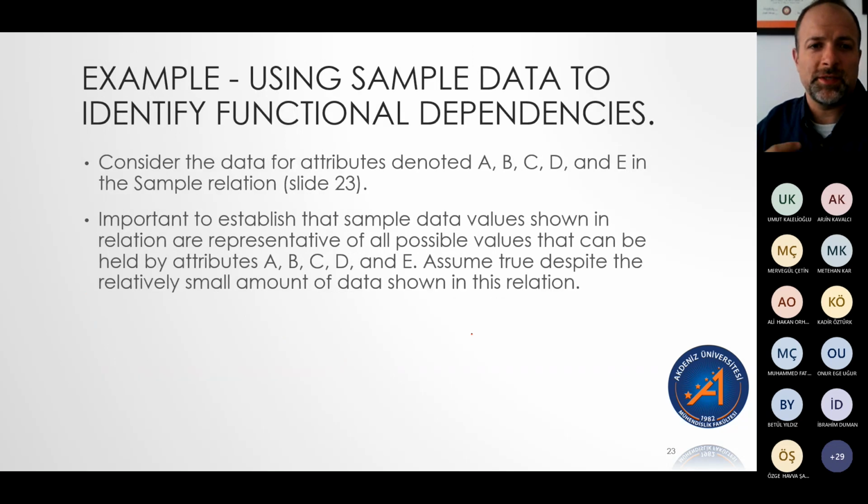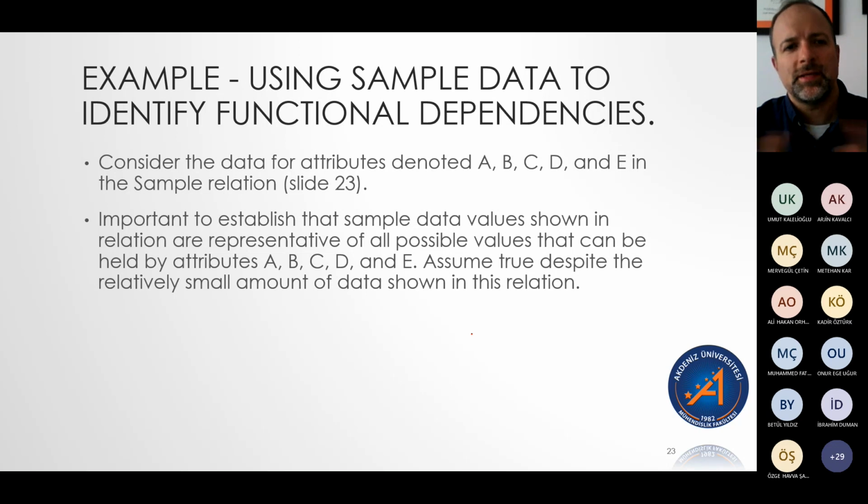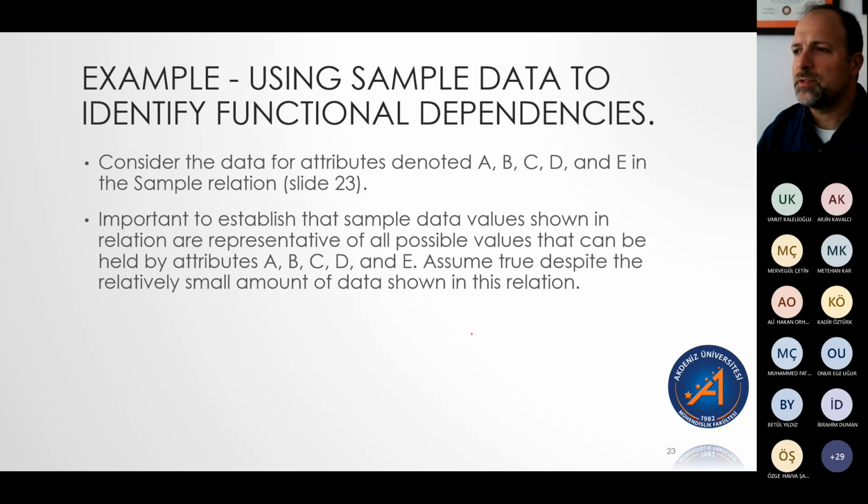Let's look at an example set of data. Now let's assume that on this next slide, when we talk about this A, B, C, D, and E, what we see here is going to hold for all time, just as we start identifying the dependencies. So let's assume that it's true, even though there's a relatively small amount of data.